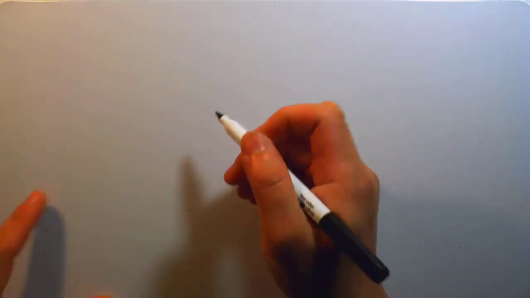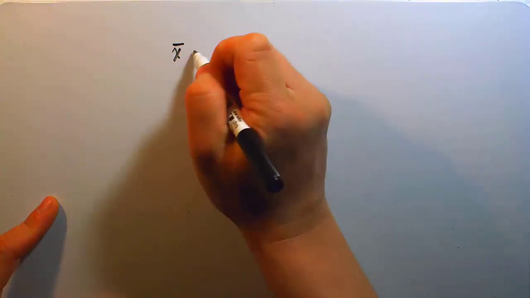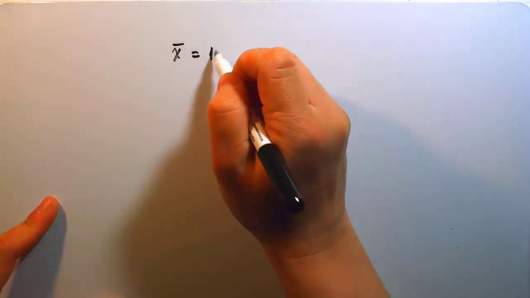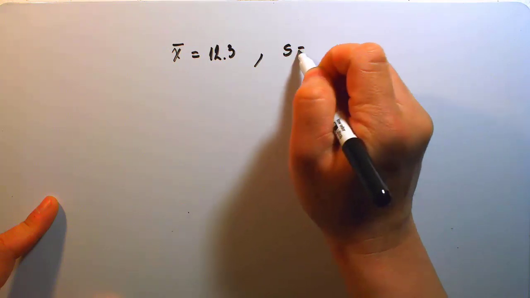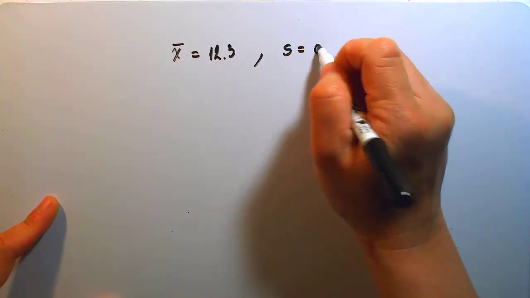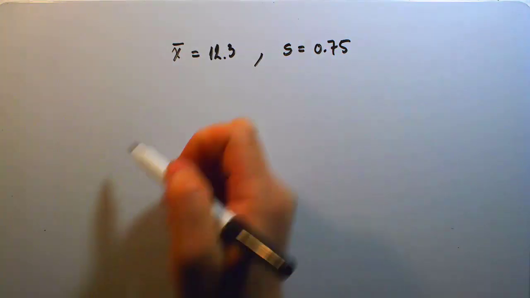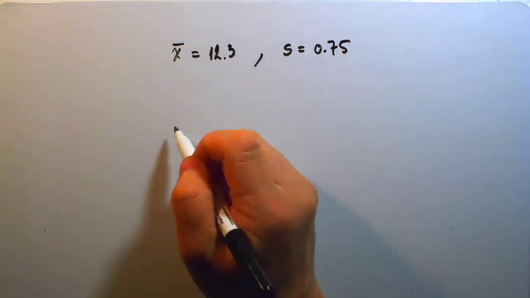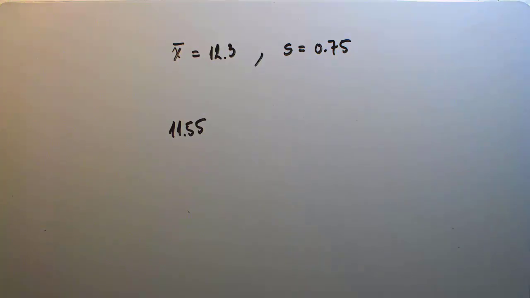Then we can work around a little bit. The mean value in this data is 12.3, and the standard deviation is also given as 0.75. For the low end of the interval, I'm not trying to promote any new technique yet, but some similarity already happened with that same question back in problem 1.